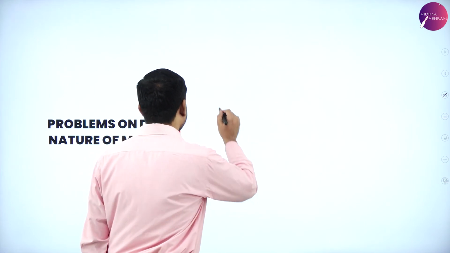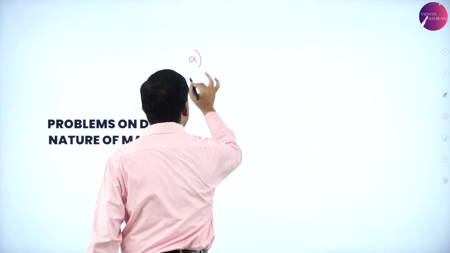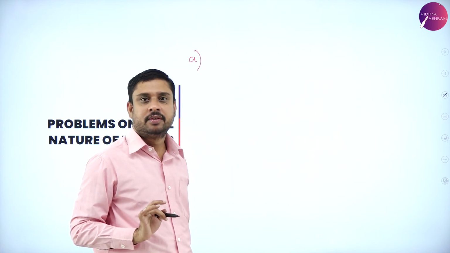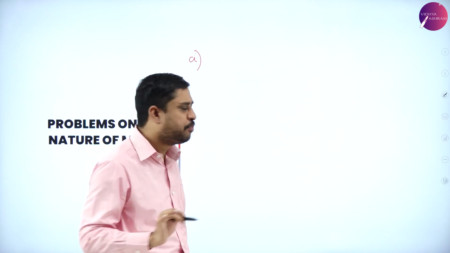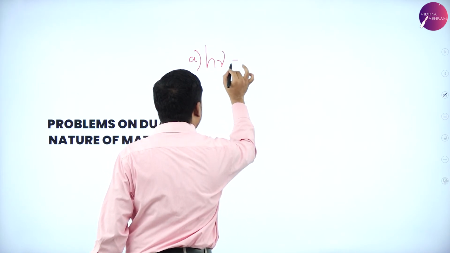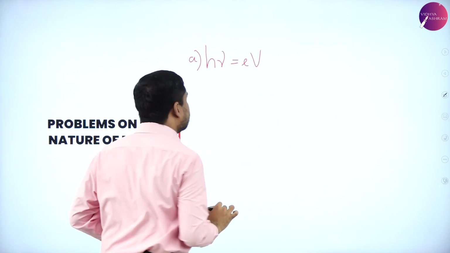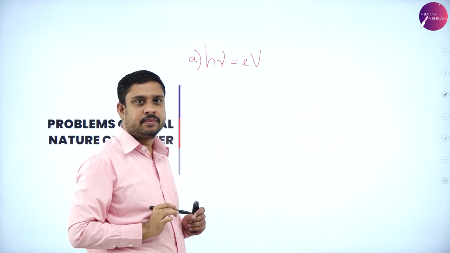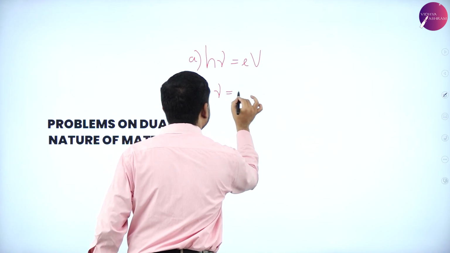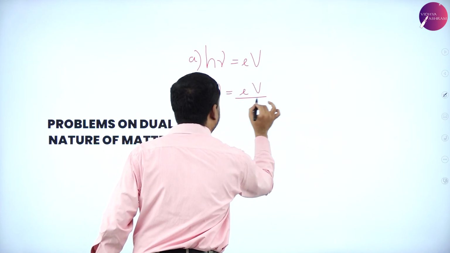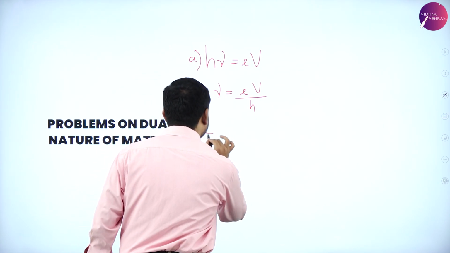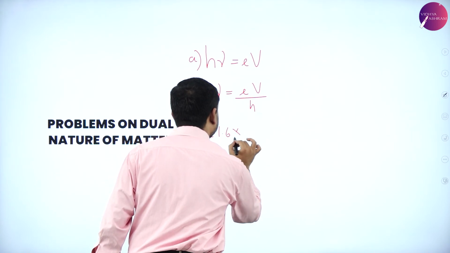So first, maximum frequency, nu. How will we do this? Simple. We know h nu is eV. So nu is eV divided by h. e, charge of the electron.